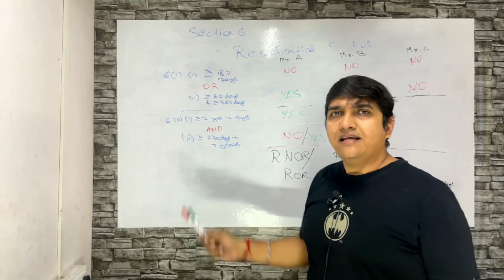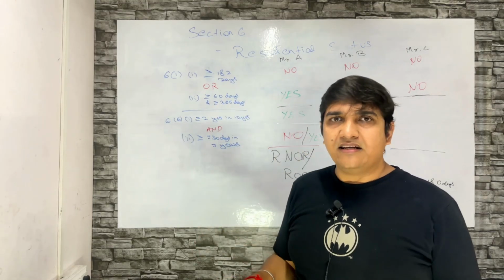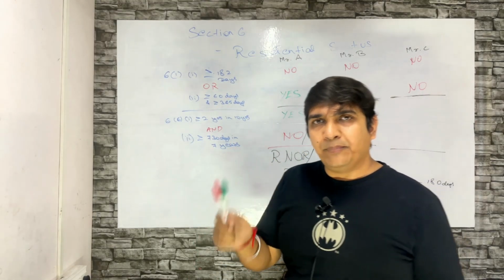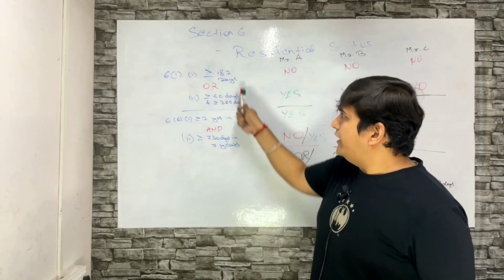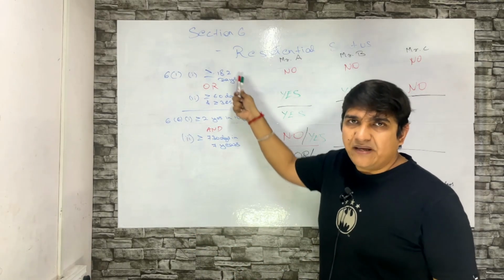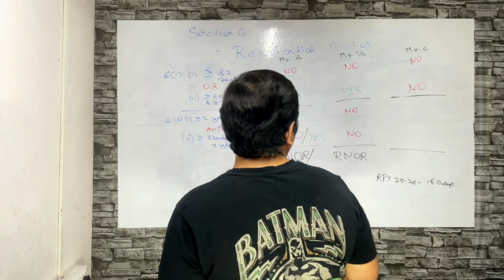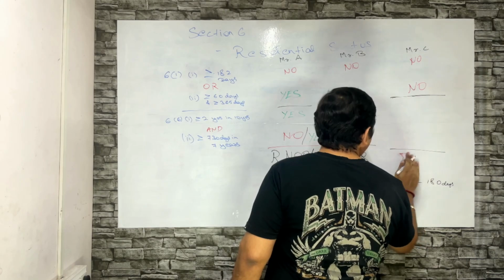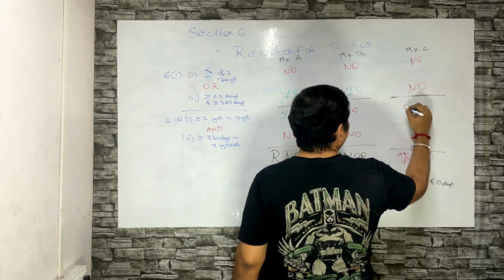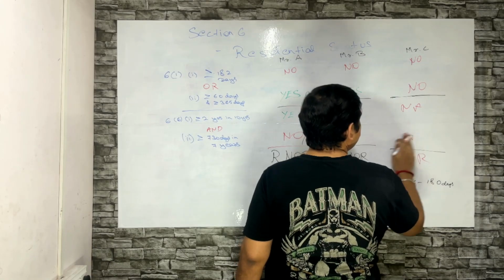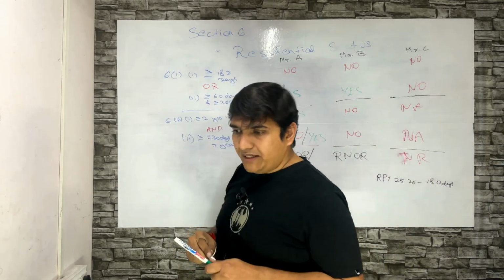Additional conditions are there to identify if a person is resident and ordinarily resident, or resident and not ordinarily resident. If none of the basic conditions is satisfied, then the person is clearly non-resident. So this is not applicable. Both are not applicable.